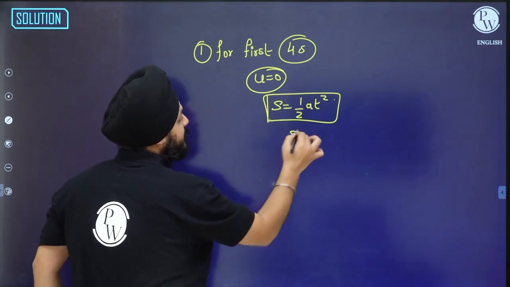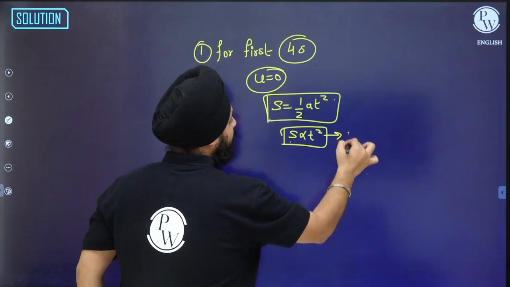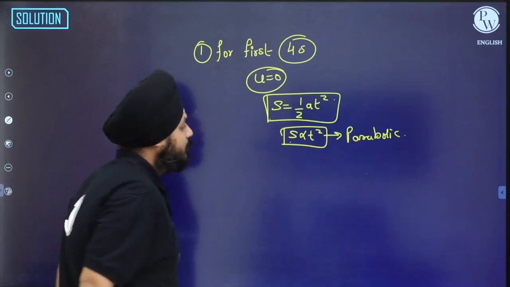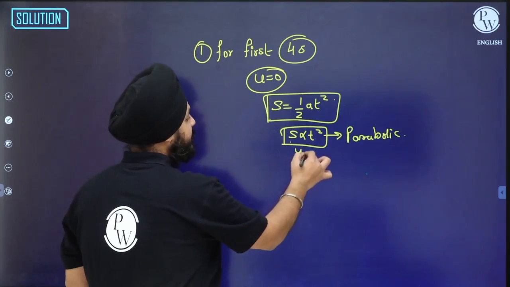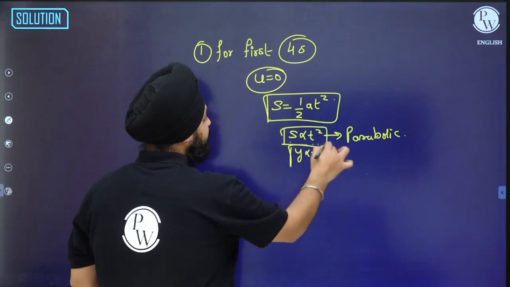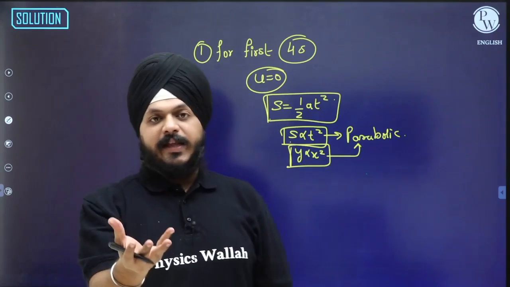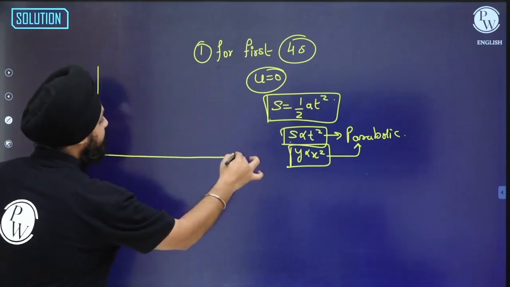S is directly proportional to t square. It means that for the first 4 seconds, the graph will be parabolic. It is satisfying the equation of a parabola, y is directly proportional to x square.